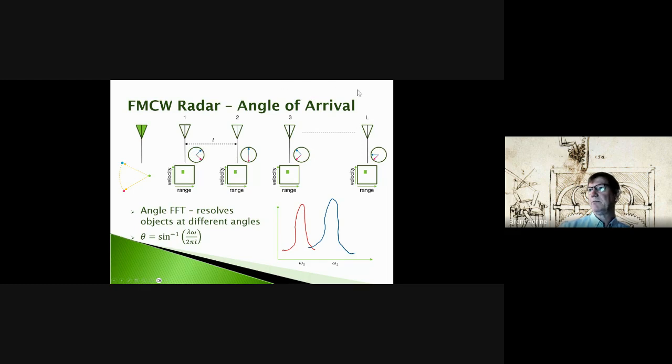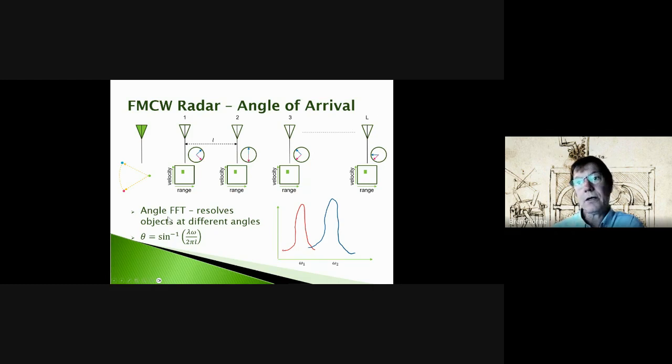Let's say blue's over here and red's over here, then we're going to be rotating in one direction at one rate with the blue phasor, and the other direction at a different rate with the red phasor. So even though in each of these velocity versus range plots they show up in the same location, we start to see how there's some information encoded in these L antennas.